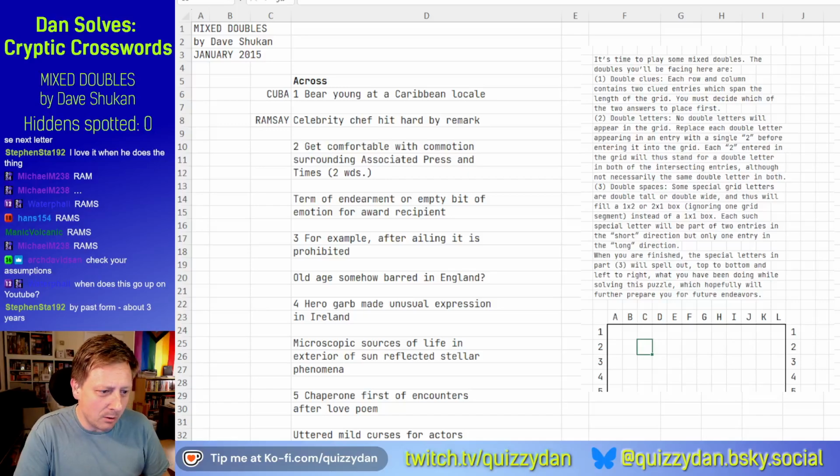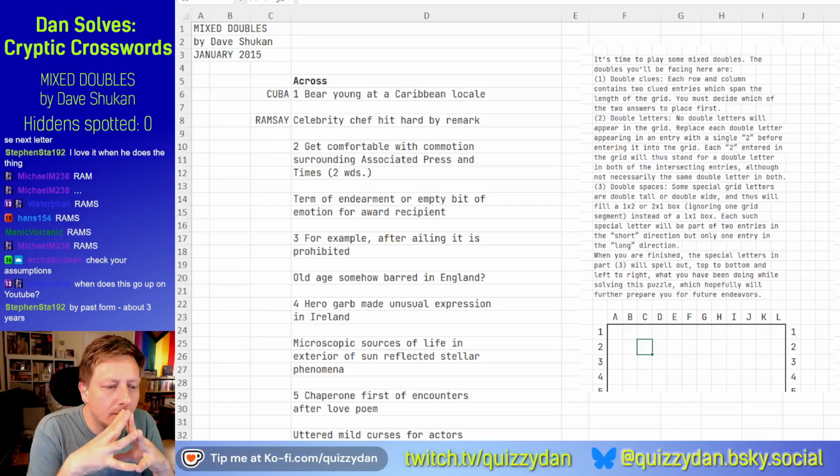Get comfortable with commotions surrounding Associated Press and Times. Get comfortable with commotions surrounding Associated Press, AP and Times. Now that could be T or it could be X. Get comfortable with commotion. Fuss.